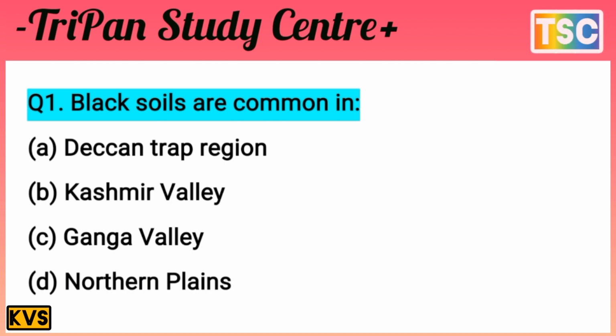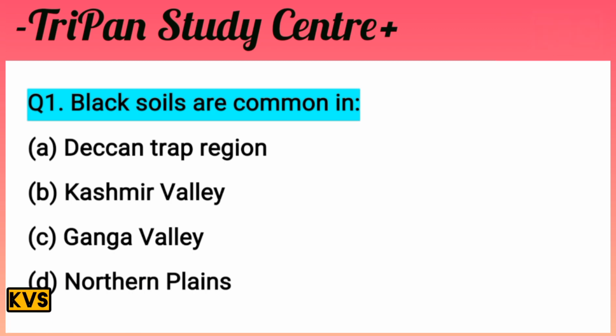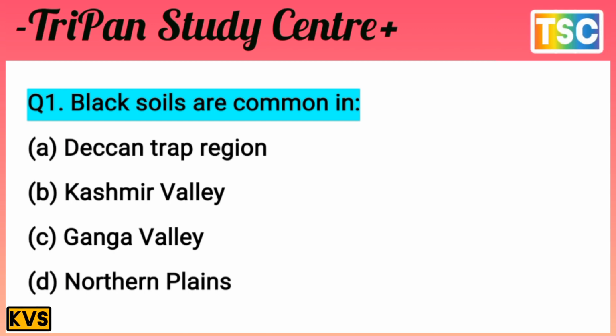Let's see the first question. The first MCQ: black soils are common in. The four options are: Deccan Trough region, Kashmir Valley, Ganga Valley, Northern Plain.